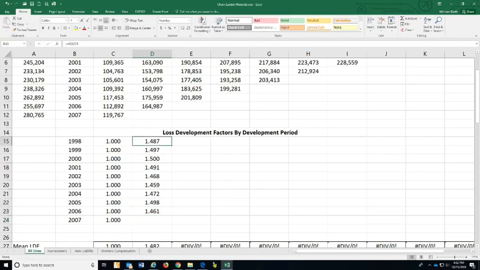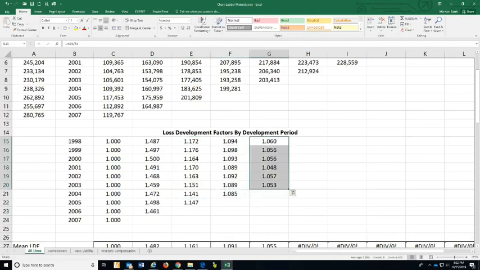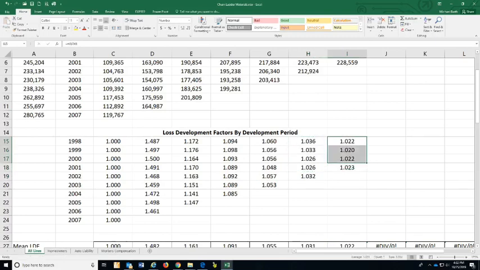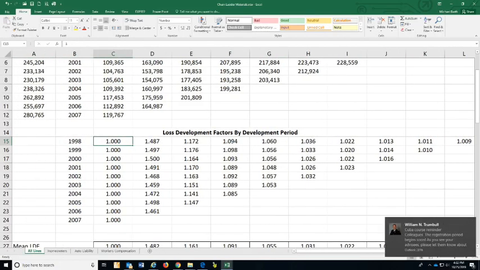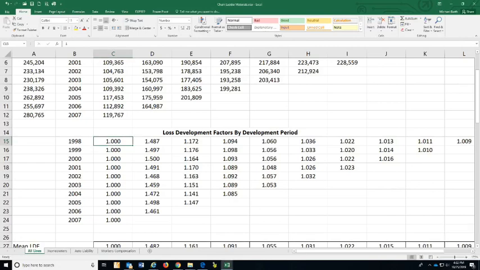So if we do the same calculation and copy it over here again, the last year is going to drop off because as of 2007, there is no data beyond 2007. But what I can do is fill in the triangle. I'll lose a year of data at each point.